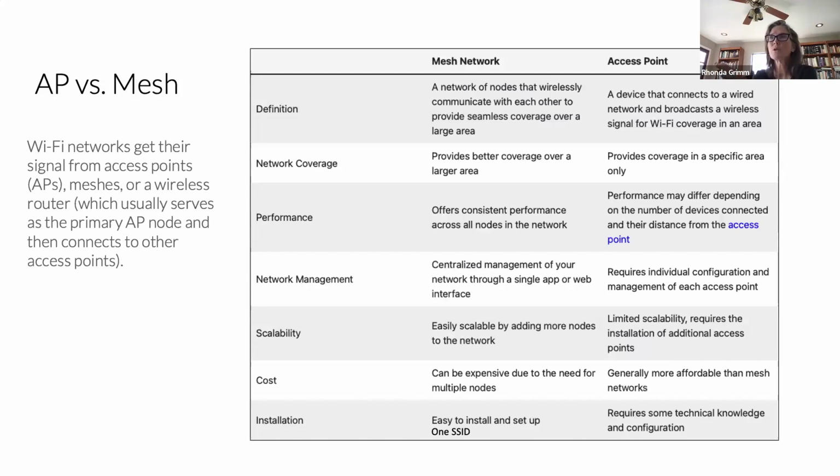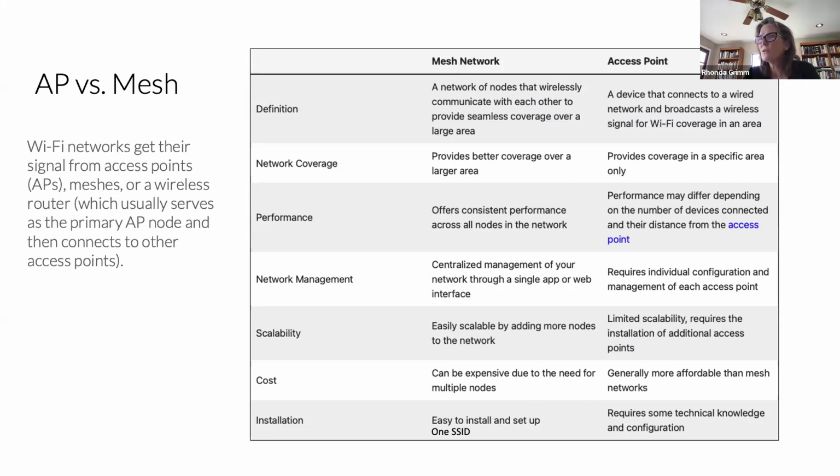Mesh networks are a little more expensive, but they typically offer more consistent performance. They have better coverage. They have centralized management so that you can easily install and provision them, and then they operate off one SSID. Access points are individual, so it requires a little bit more proficiency to set them up and get the coverage right.